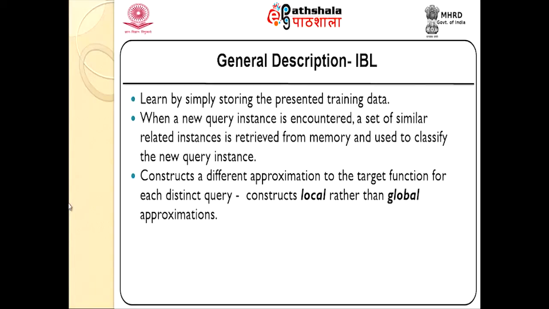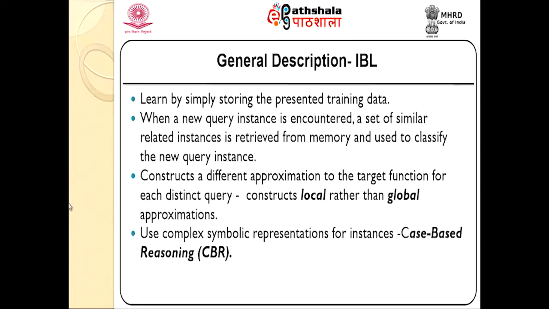So, it constructs a local rather than a global approximation, local to the query instance. Every distinct query instance will have a different approximation. If you use complex symbolic representations for these instances, where some pre-processing is done and you use a symbolic representation, then it is called case based reasoning, or CBR.